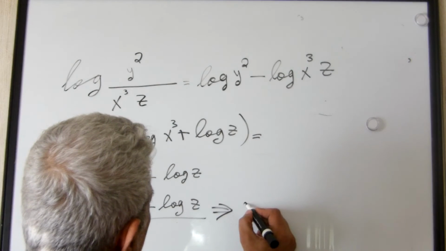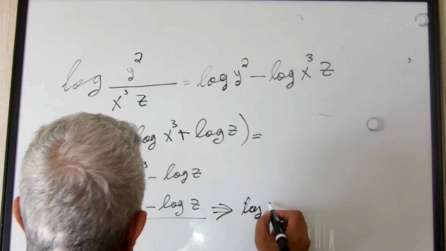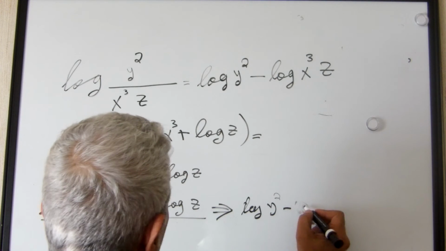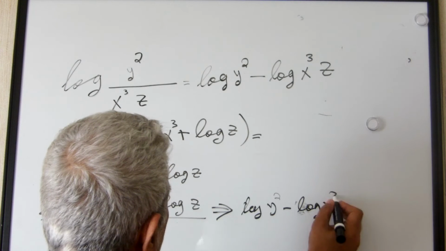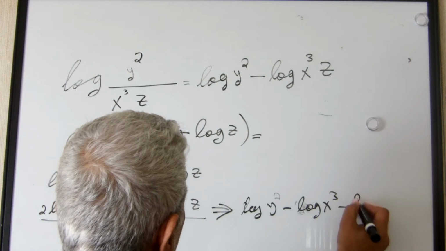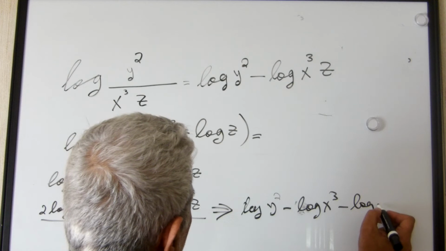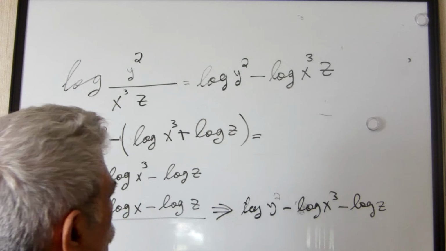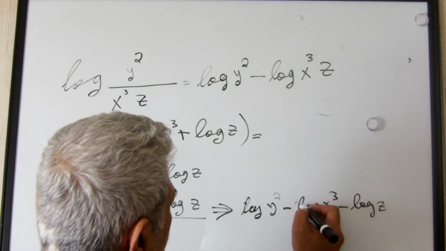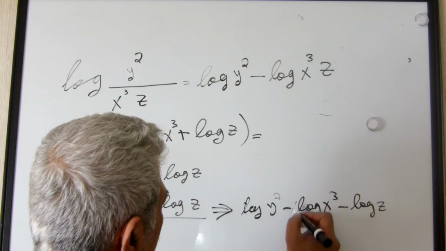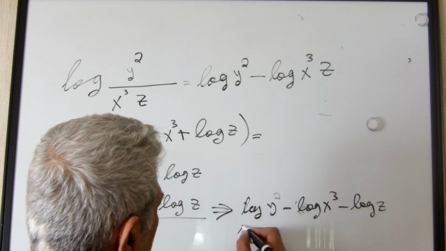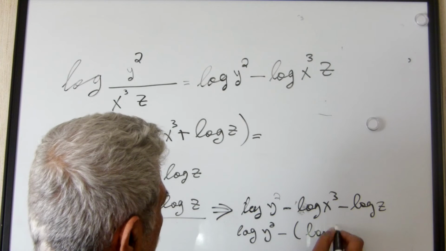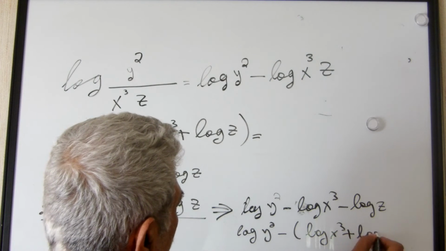We can say log y squared minus 3 minus log x to the power 3 minus log z. See, if we factor out minus 1, it's going to be log y squared minus 3, minus, log x3 plus log z.